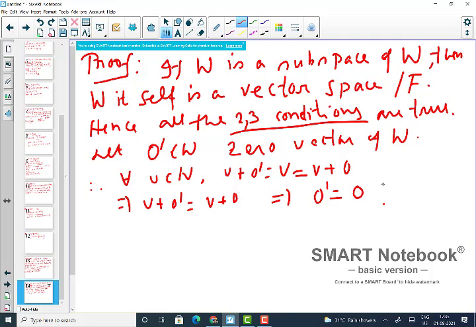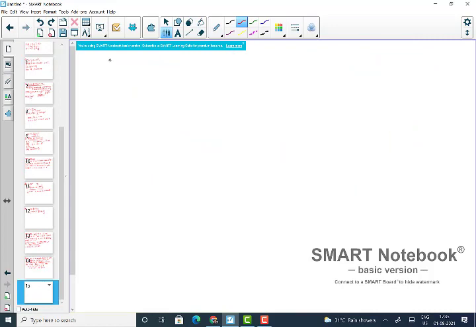So now the converse part we need to prove. Conversely, suppose we have the three conditions 1, 2, 3 holding, and we need to prove that W is a subspace of V. That means W itself is a vector space. So the zero vector is already there.